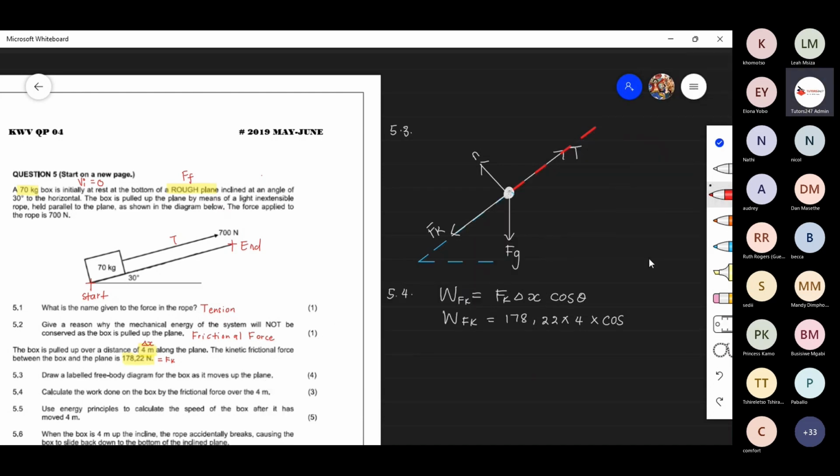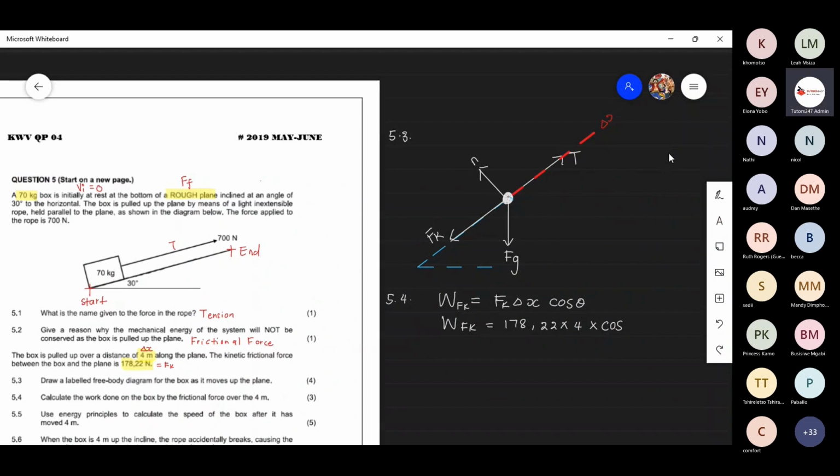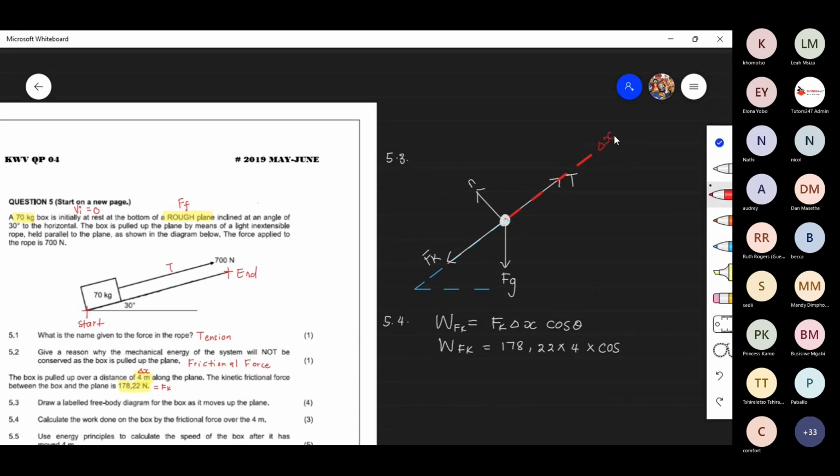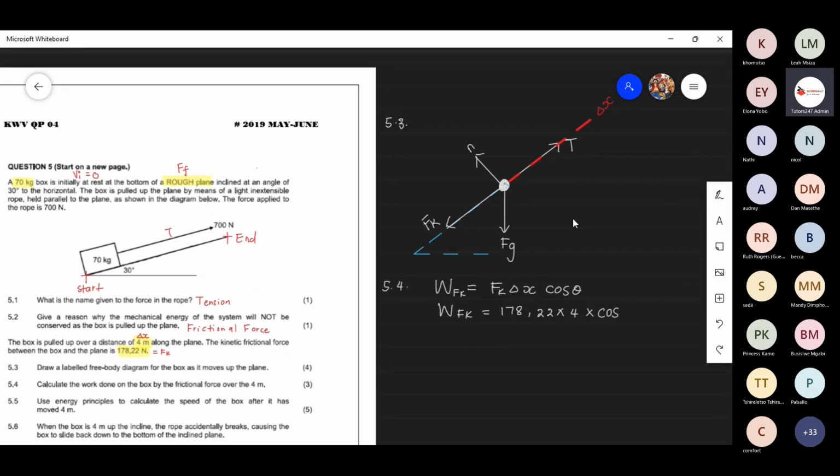Now that is displacement. So let us now identify what is the angle between our displacement and our kinetic friction. So if you notice, the angle or the vectors that are formed are basically a straight line.